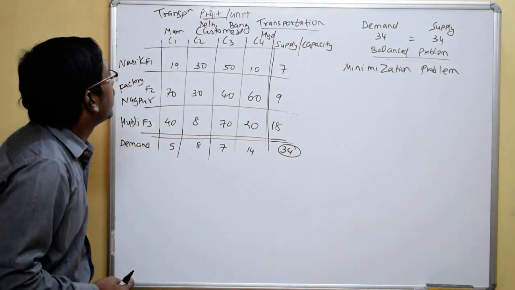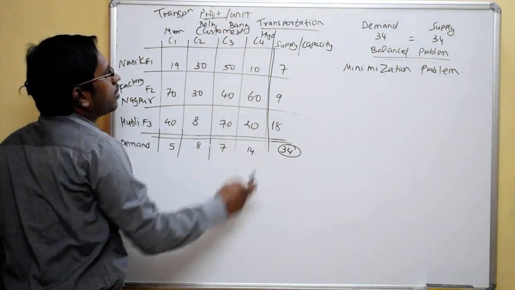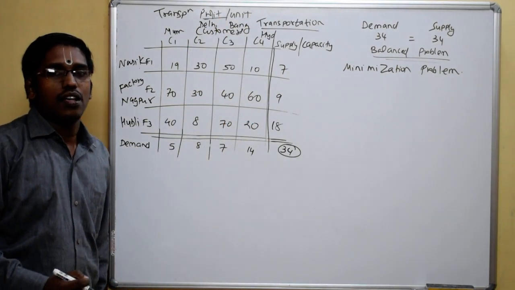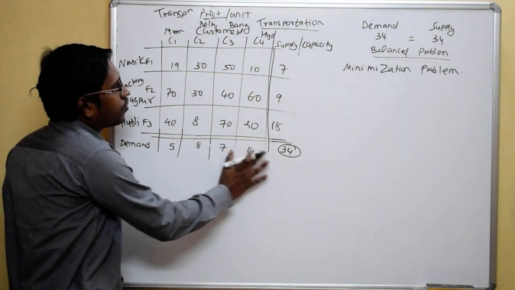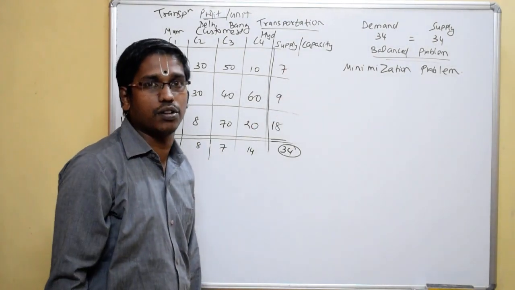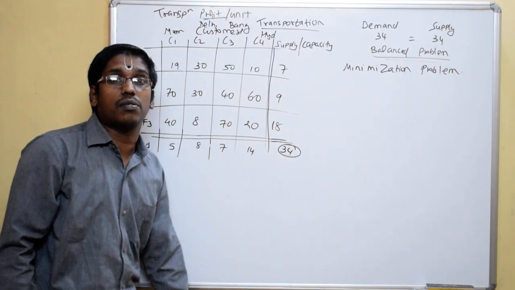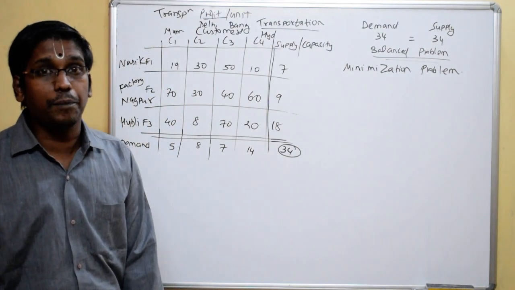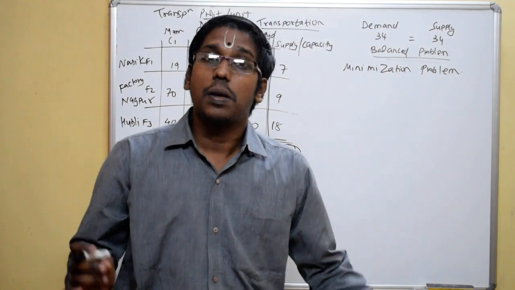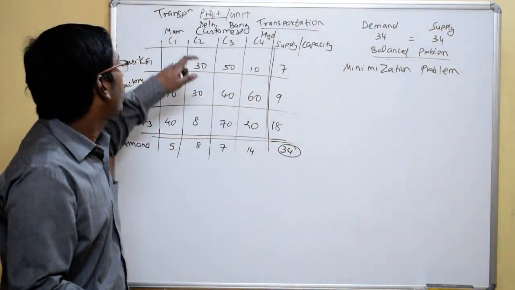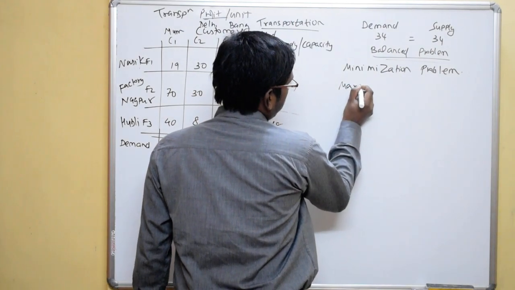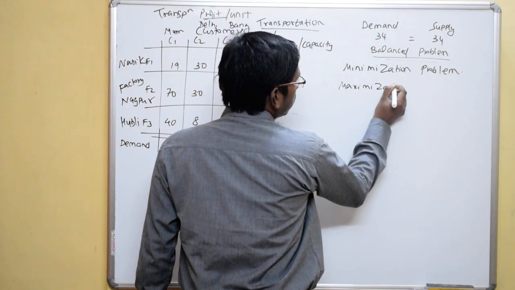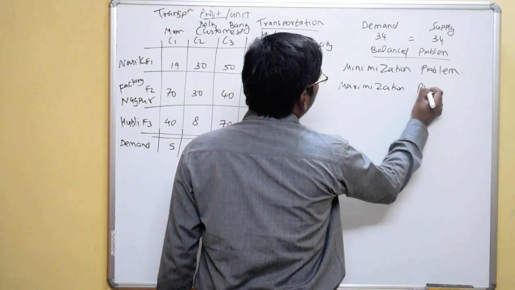Which means whenever you get a problem with profit, the objective here is how should I allocate the available number of units from each factory to each customer so that the total customer order is satisfied, at the same time the profit for the company is maximized. Therefore, whenever it is a profit problem, this is termed as a maximization problem.